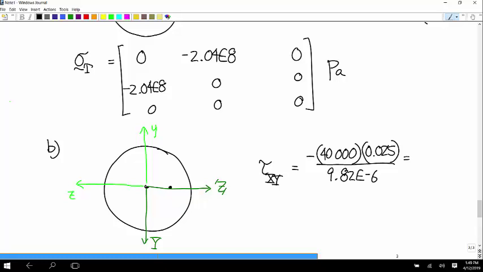And we just get half of what we got, negative 1.02 times 10 to the 8th.